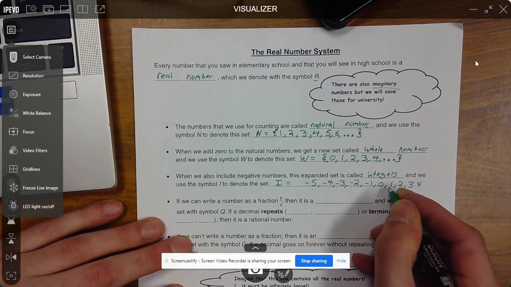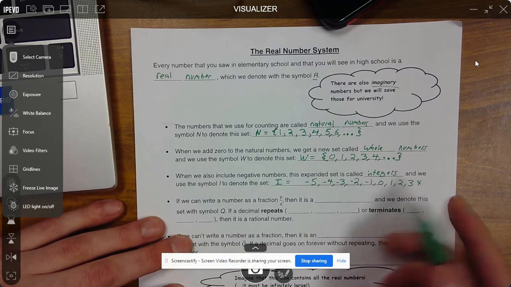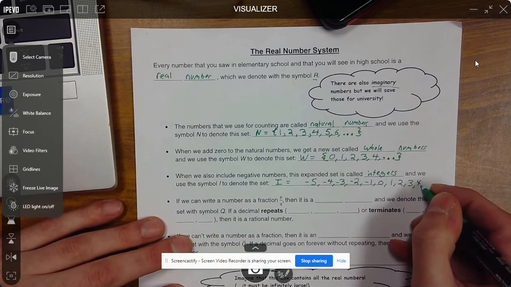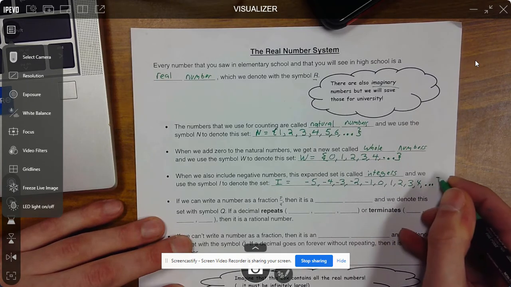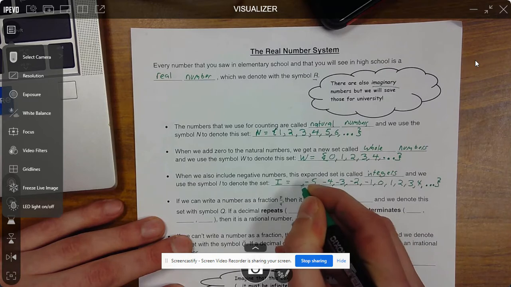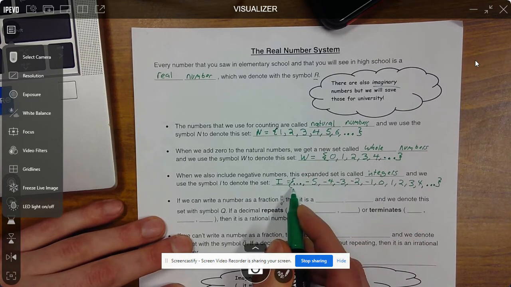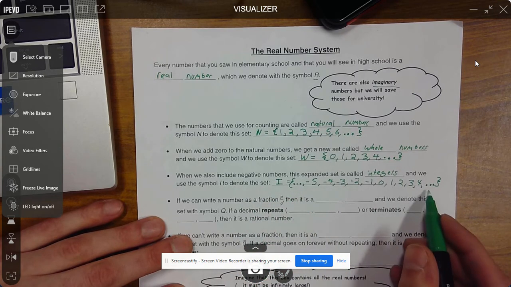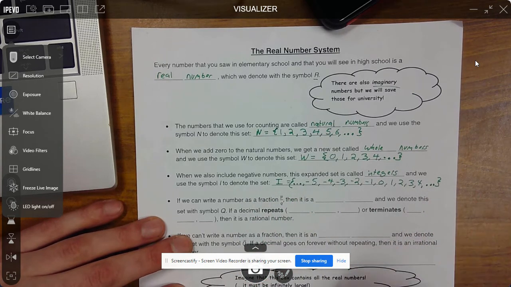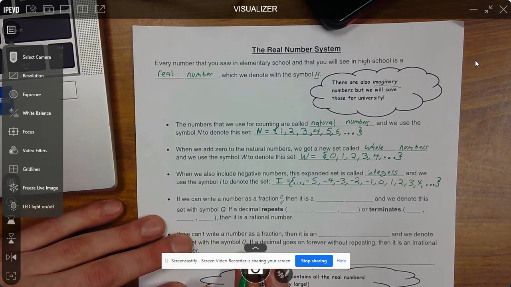It includes all the whole numbers, and now we're also adding the negative numbers. So what's interesting is that for the set of integers, I've got to add these 3 dots in both directions, because I can go all the way down. If you think about a thermometer, it gets colder and colder and colder all the way down to negative infinity. And it's also an infinite set in the positive direction. I can go all the way up to positive infinity. So that's the next set, the integers.